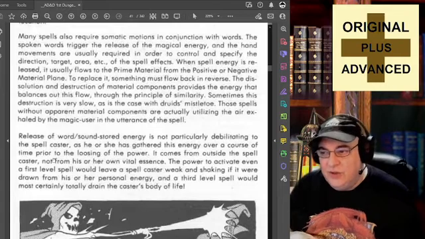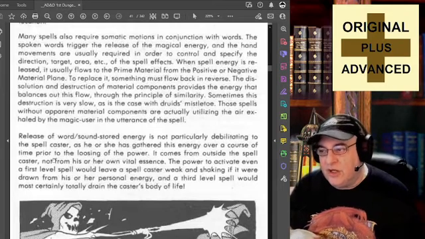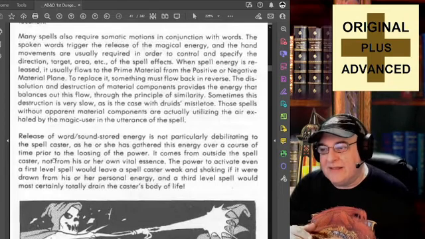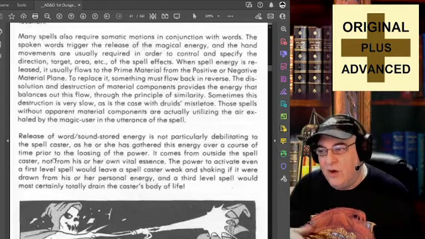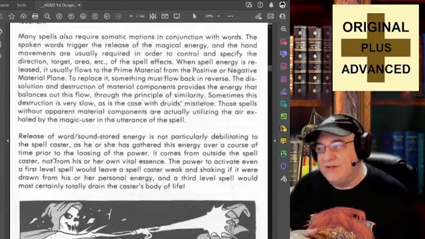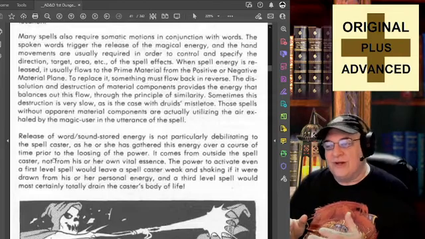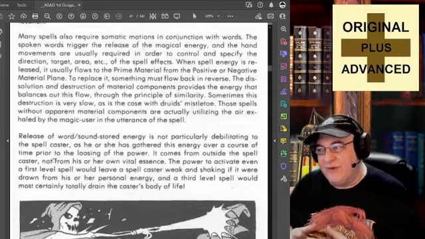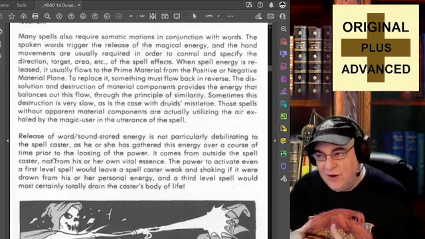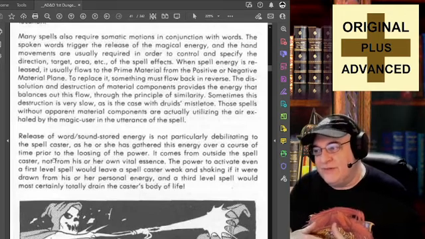The dissolution and destruction of material components provides the energy that balances out this flow, through the principle of similarity.